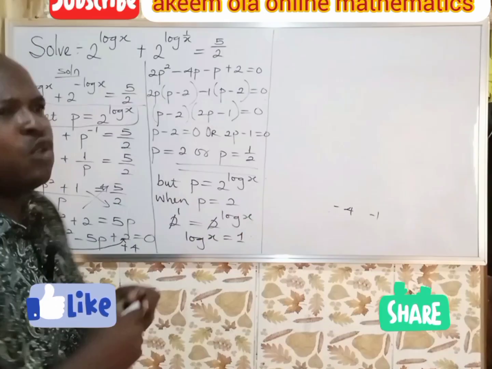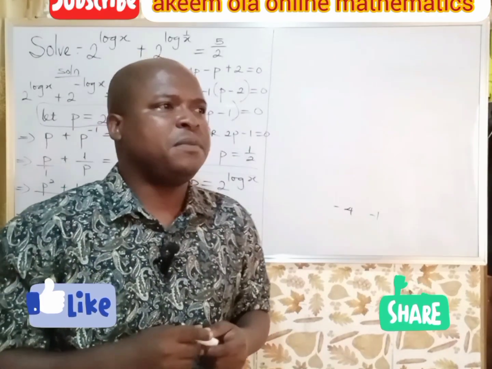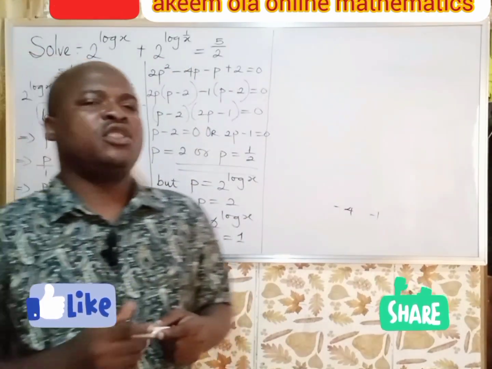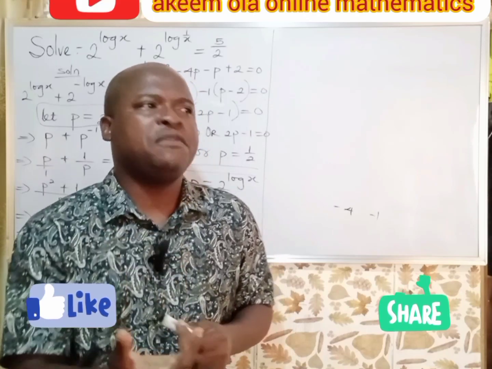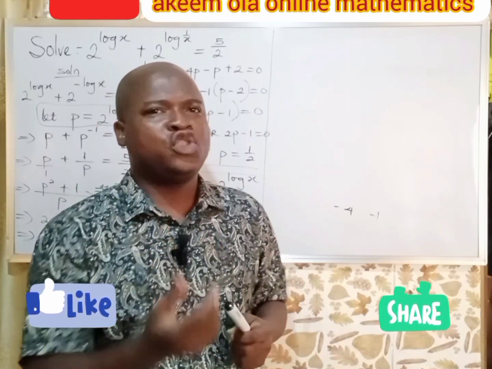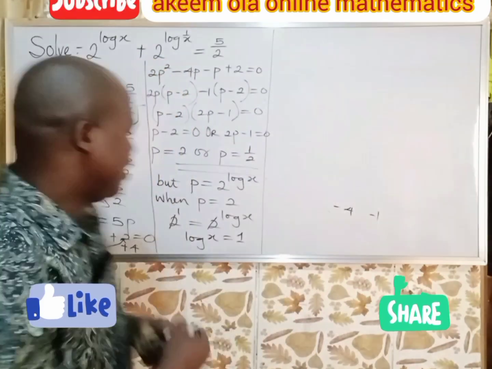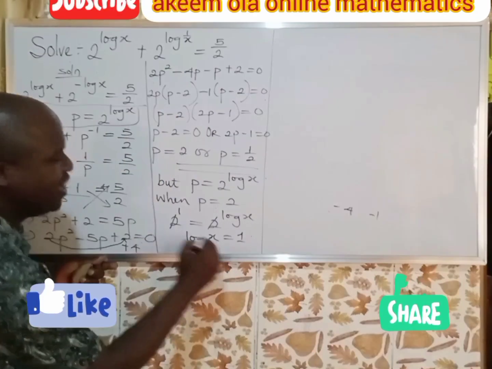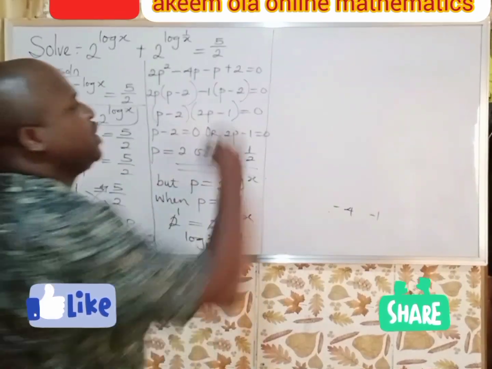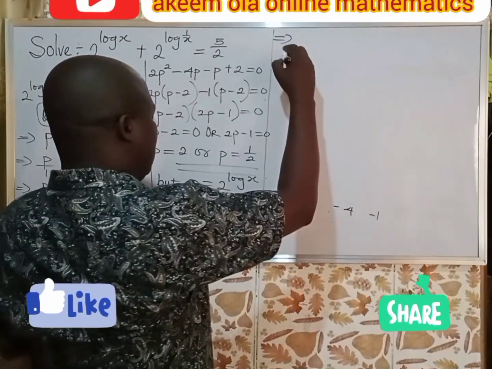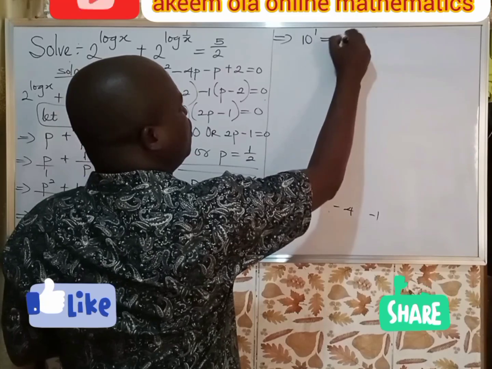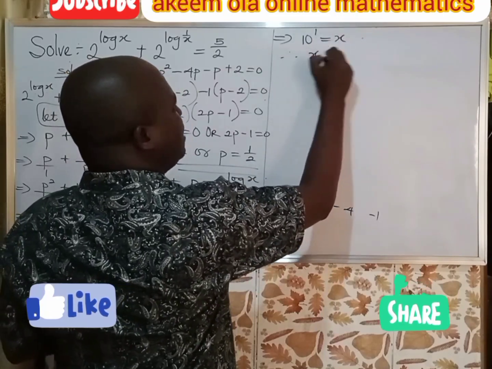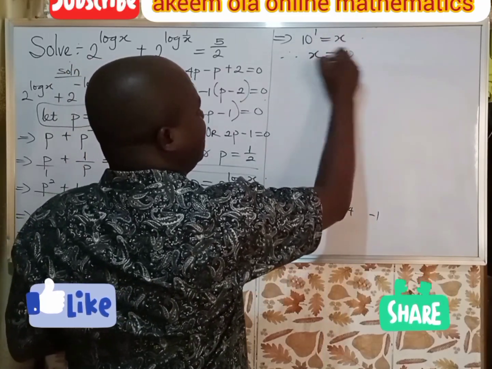But if you are solving a question under logarithm and the base is not given, in your mind you have to assume that the base is 10. So if I have 10 here, I need to now remove the log. If I remove the log, that means I'm going to have 10 raised to power 1 equal to x. So therefore, the first value of my x will be 10.